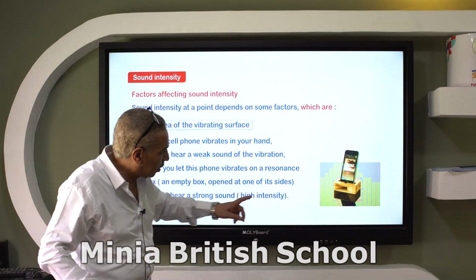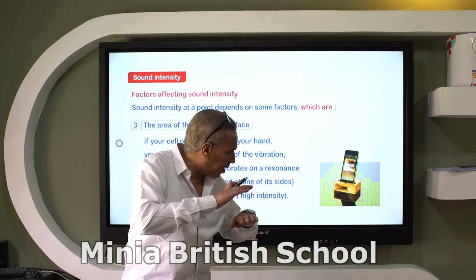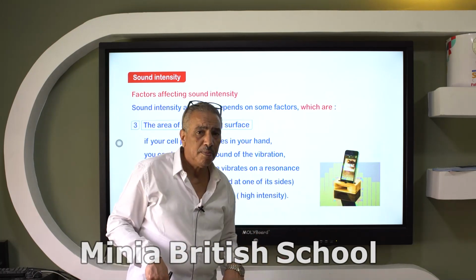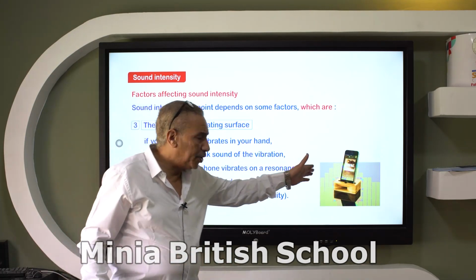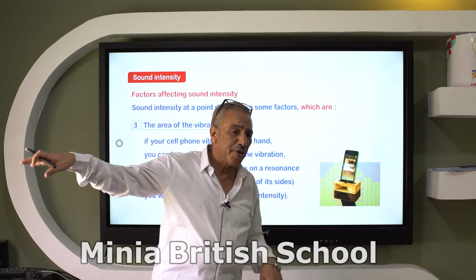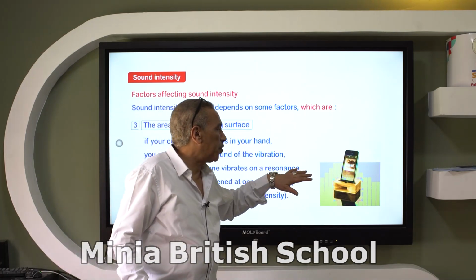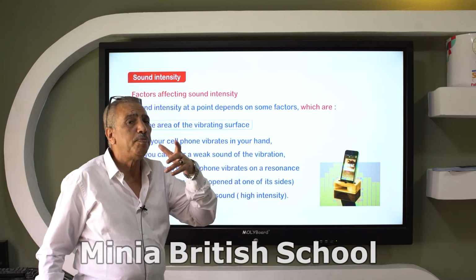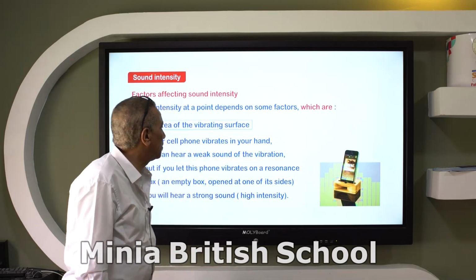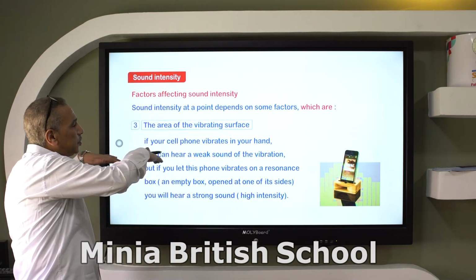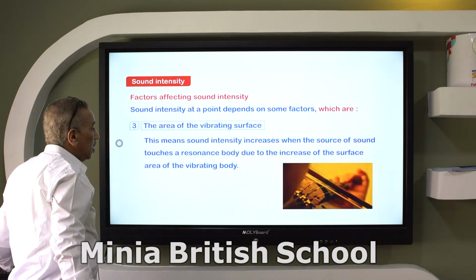The third factor is the area of vibration. Here, if you are looking at the picture, this mobile, if it is attached to a resonance box made of wood, empty from inside, you will hear intensity of sound higher than the other case if it is alone. That means the intensity of the sound will be stronger if the vibrating body is touching a resonance box, due to increasing the area of vibration.